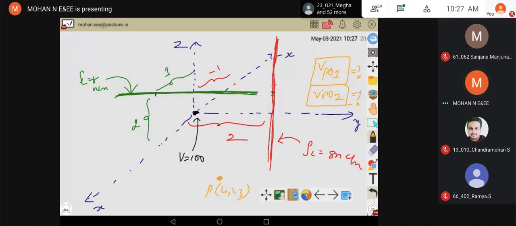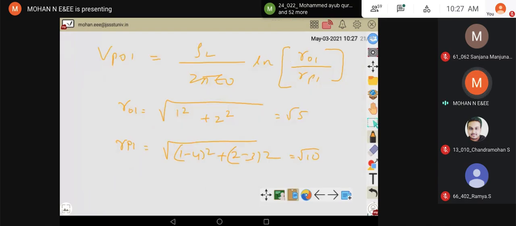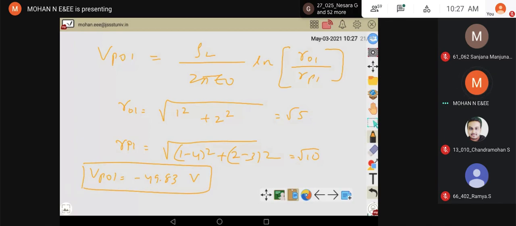And you will get VPO1, that is equal to minus 49.83 volts. Okay, got it. So VPO1 is minus 49.83.